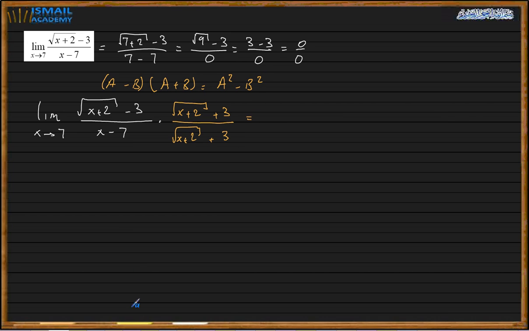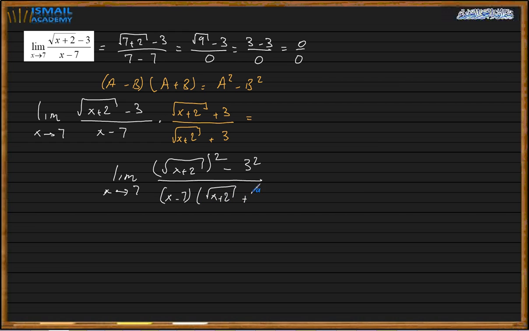So this will be equal to the limit when x goes to 7 of square root of x plus 2 squared minus 3 squared over x minus 7 times square root of x plus 2 plus 3. That is the same as the limit of x plus 2 minus 9 over x minus 7 times square root of x plus 2 plus 3.